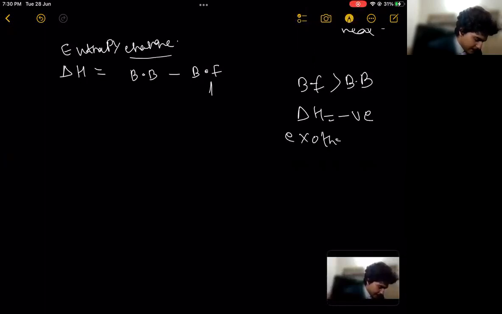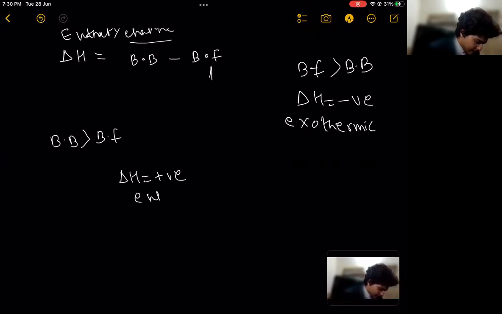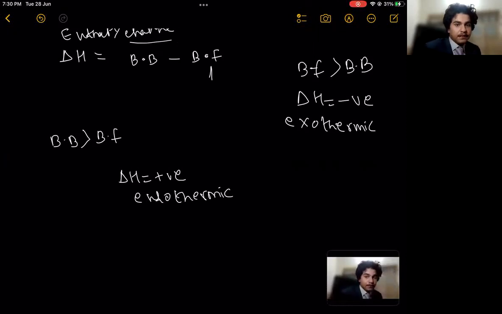It's releasing energy. If bonds broken are more energetic than the bonds formed, the enthalpy change will be positive, and the reaction is endothermic. It's taking in heat because more energy is required to break the bonds than to form them.